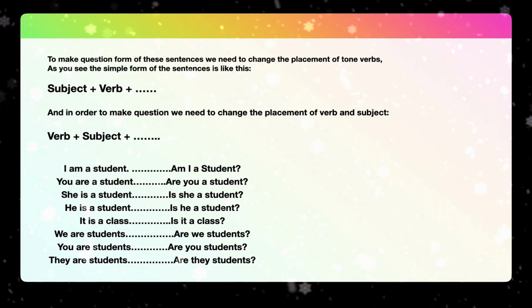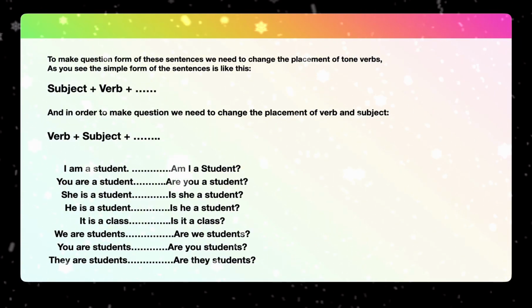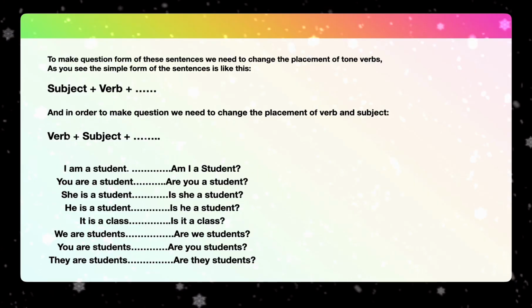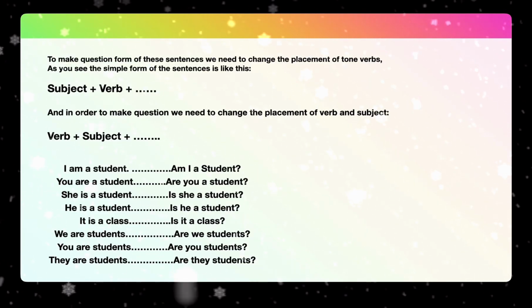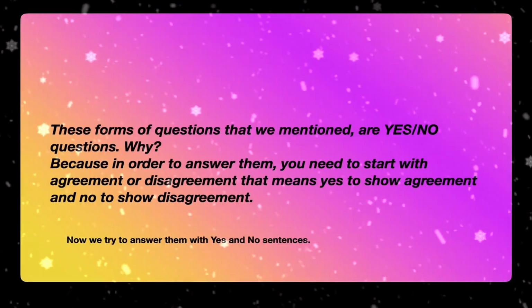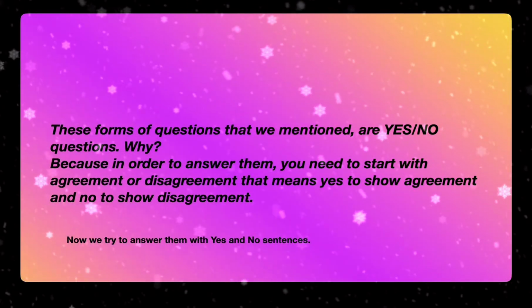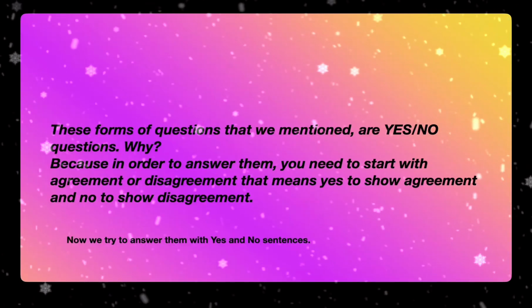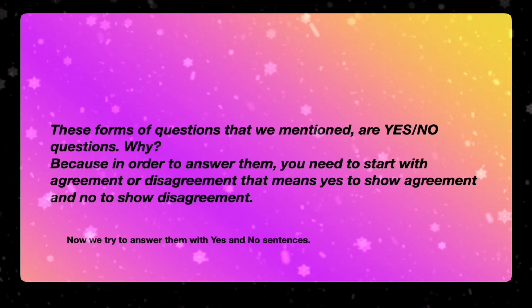You say, what should we do? As you see in the example, is she a student? And so on, up to the end of these examples that you see, they are all question forms, which are made from the affirmative forms. These forms of questions that we mentioned are yes or no questions.